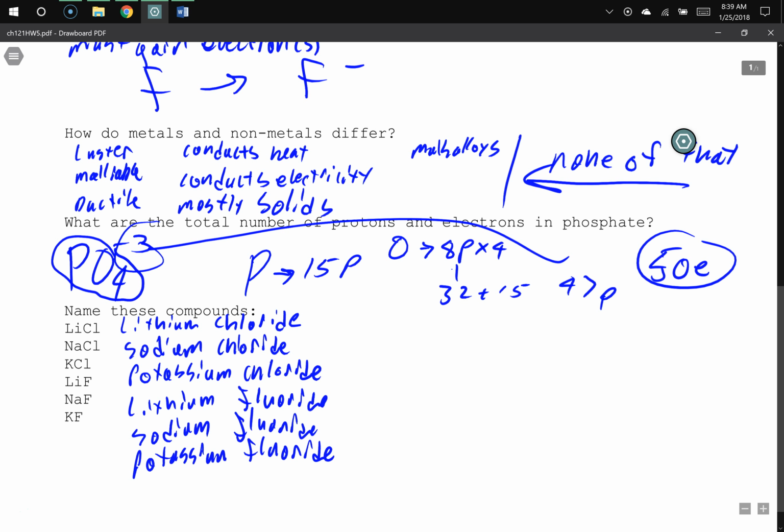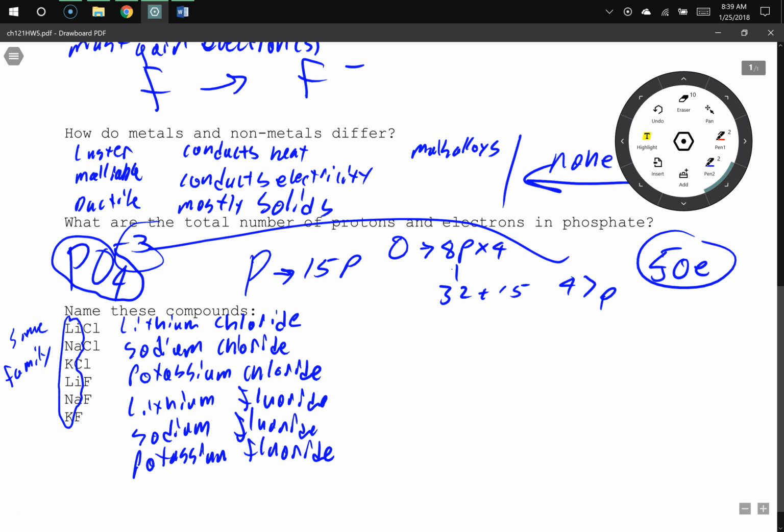Say that first part again. These elements are what? They're all in the same family, right? And these elements are all in the same family.